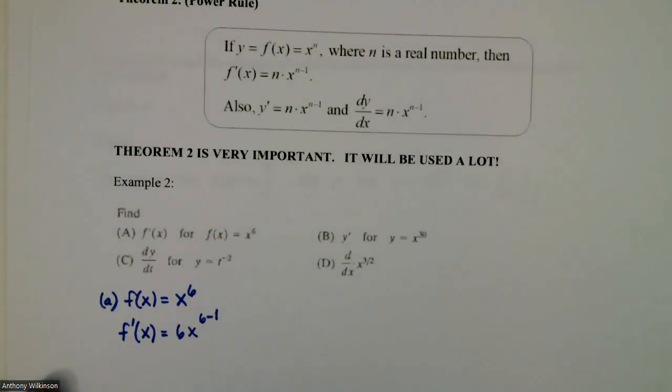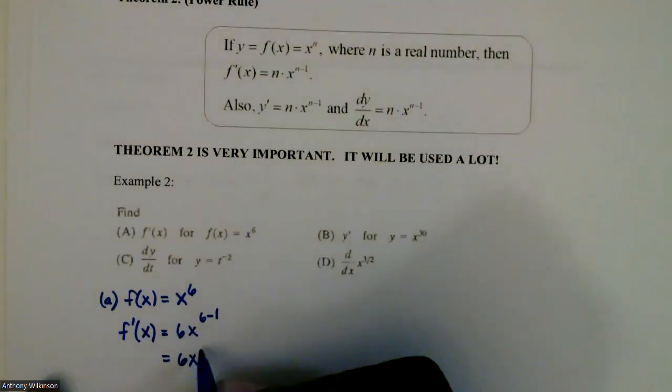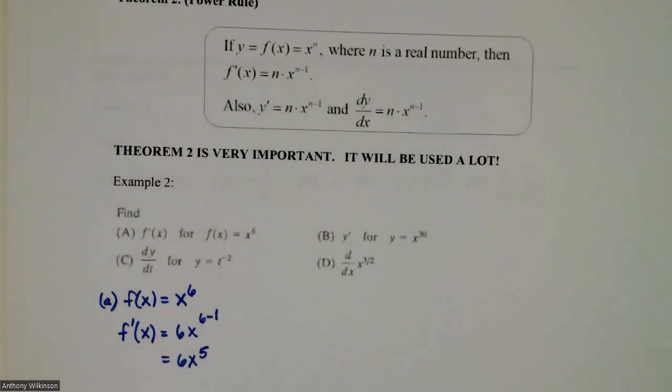So that'll be 6x to the 6 minus 1, which will end up being 6x to the 5th power. So that's what f prime of x will be for f of x equal to x to the 6th.